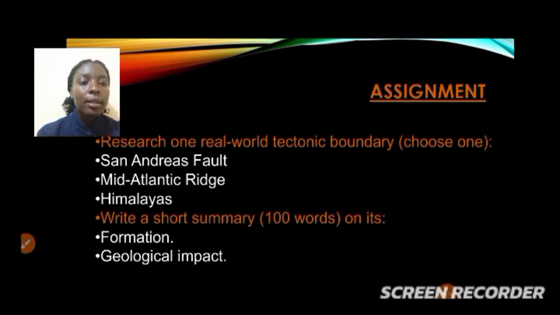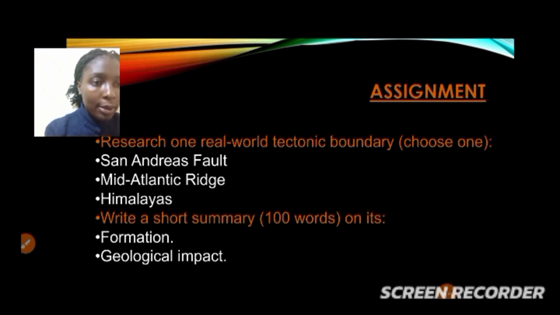Then we talked of the boundaries, where we have the divergent, convergent, and transform faults, and we explained them well. Then we talked of evidence that supports tectonic movement, where we talked of the jigsaw fit, the fossil evidence, the geological evidence, magnetic strips of the ocean, and the paleoclimatic evidence in the plate boundaries.